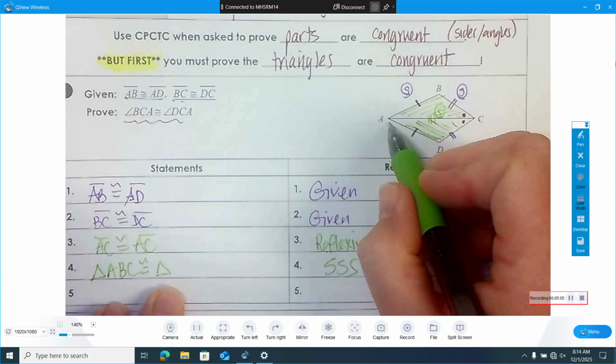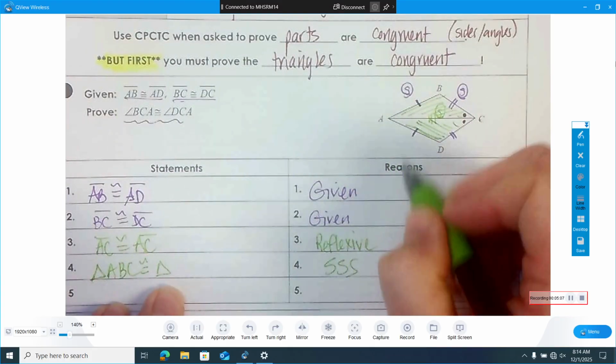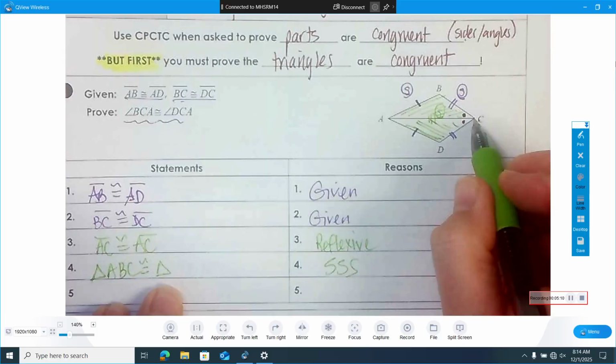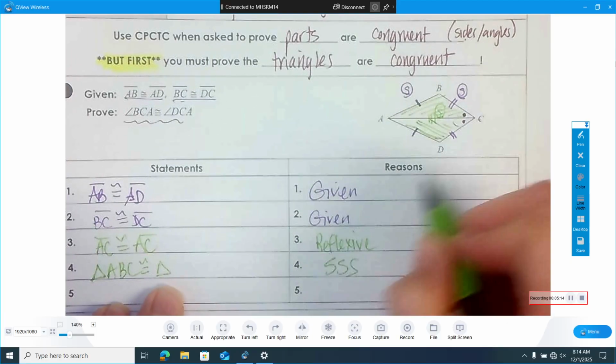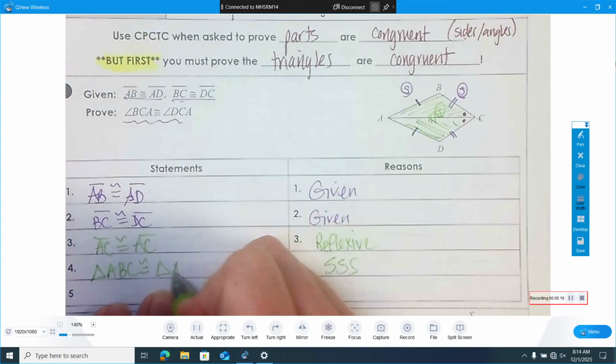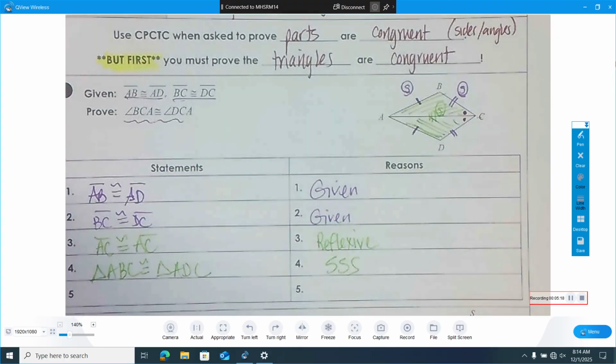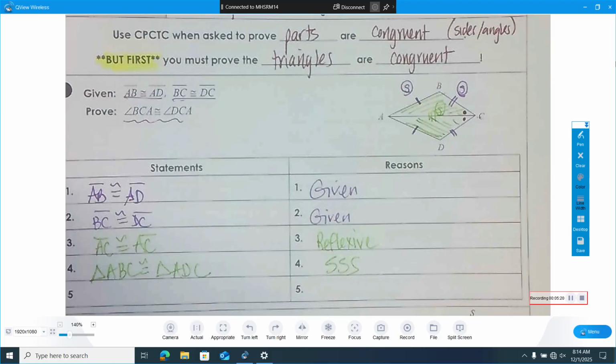Yep, ADC. So I went 1 tick mark, 2 tick marks. So I got to do the same pattern on the lower triangle. 1 tick mark, 2 tick marks. So ADC.